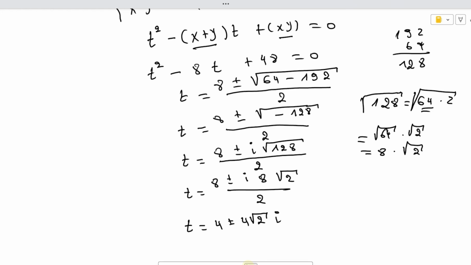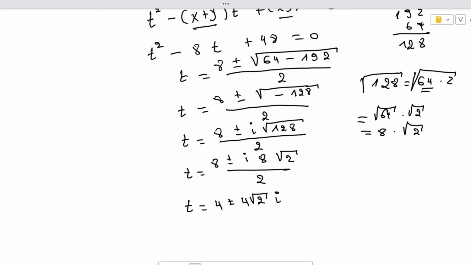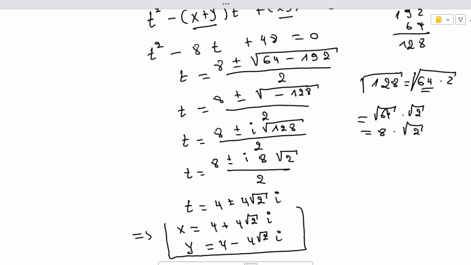So we have two complex roots, and therefore we deduce that x is equal to 4 plus 4 square root of 2 times i, and y is equal to 4 minus 4 times the square root of 2 i. And these will be the roots, the answer that we were asked to calculate.